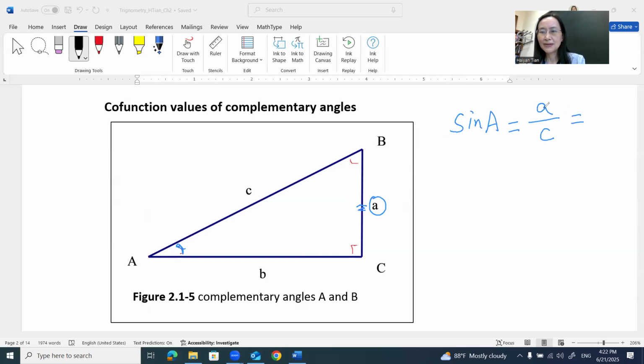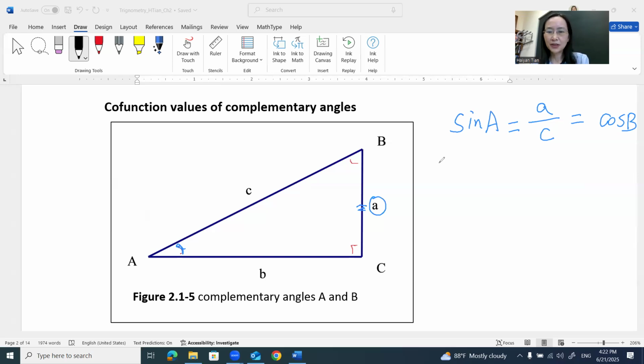So that's the adjacent to B over hypotenuse, which is cosine B. When A and B are complementary, sine of A is the cosine of B.